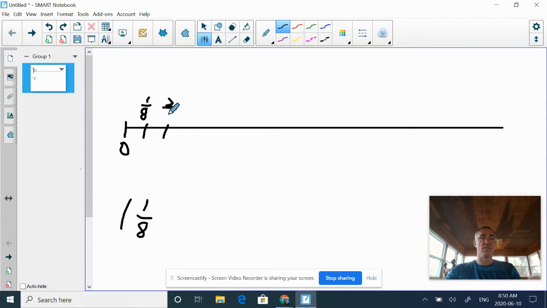Or I can also think of that as being 1/4. And so I'm going to continue on. There would be my 4/8 or my 1/2. We'll continue on. There's my 3/4 or 6/8.